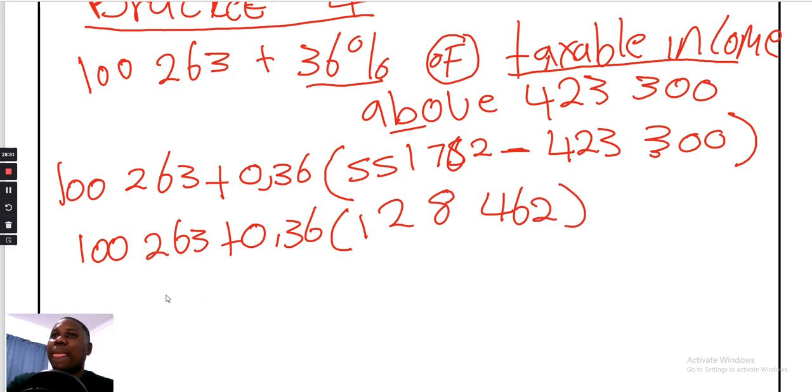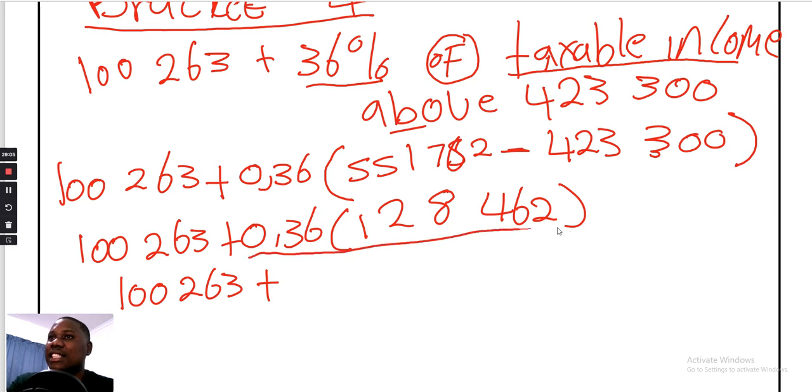Okay, so moving forward, we're still going to have 100,263 plus. Now, because we are left with one amount after this percentage, we can take this percentage and multiply by this. The reason why I am doing this is because I've got bad experience with my teaching.